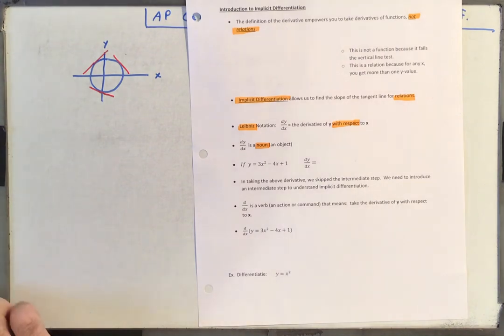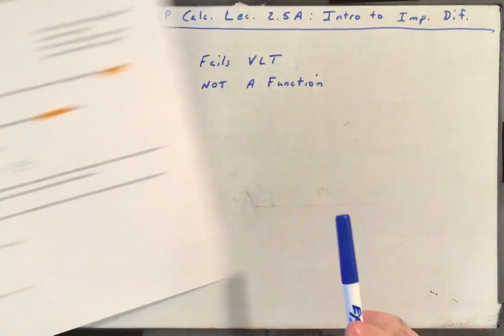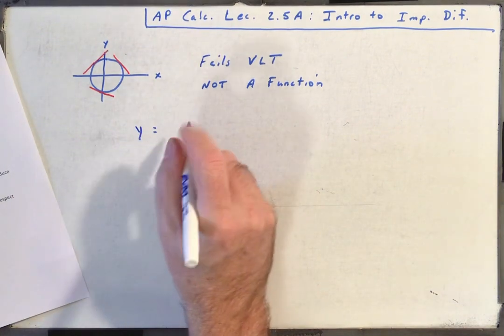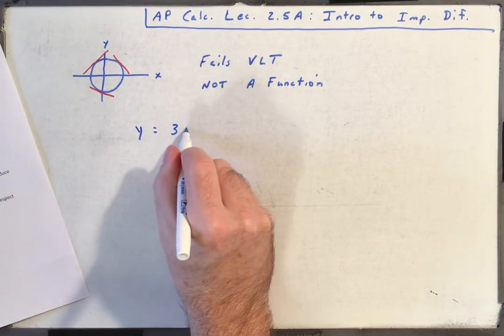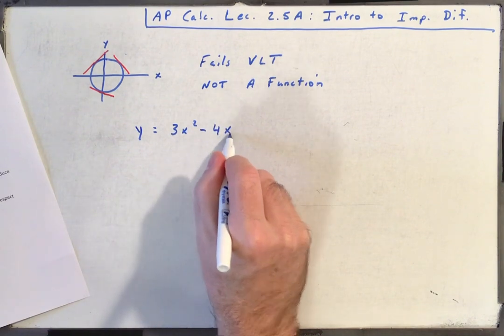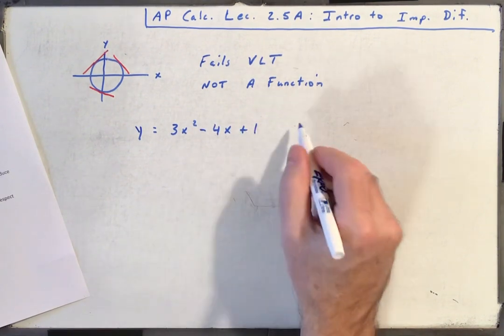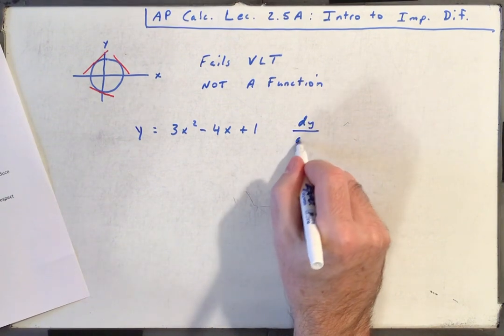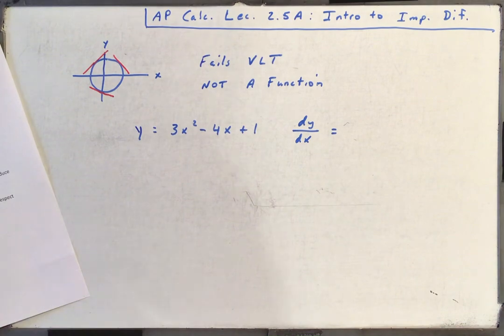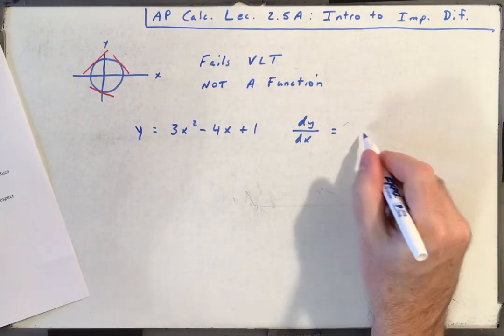So right here, if we have y is equal to 3x squared minus 4x plus 1, then dy dx, we've done this many times. We're just going to use the power rule, right? 2 times 3, 6.